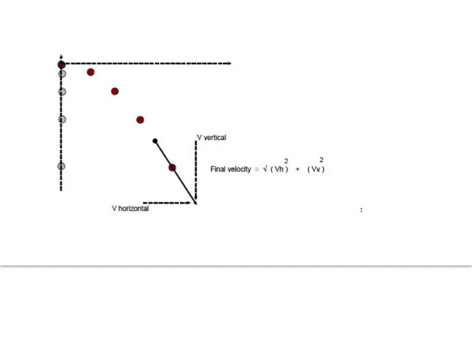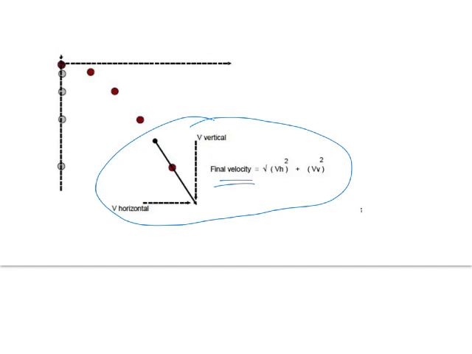Now, as an added complication, the two velocities in the end, the horizontal and the vertical, do actually combine to give you a final velocity. An object that lands at an angle will have a combination of both velocities as its magnitude.